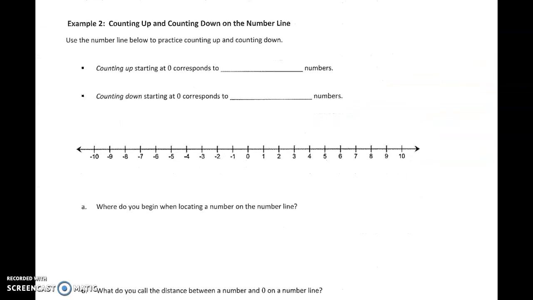All right. So counting up and counting down the number line. It says use the number line below to practice counting up and counting down. Well, if we're going up starting at 0, that's going to correspond to positive numbers.